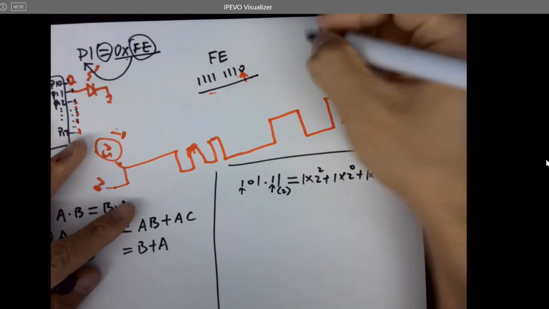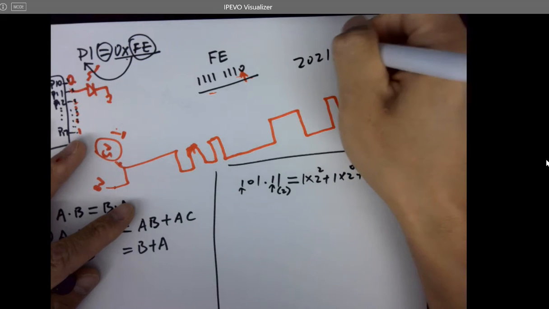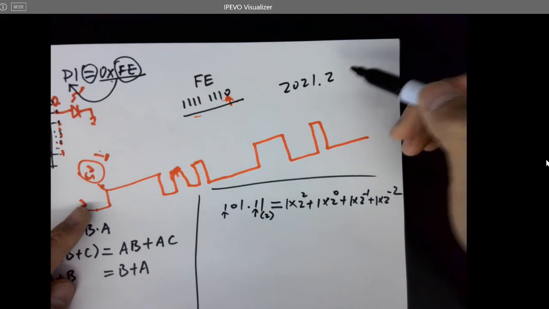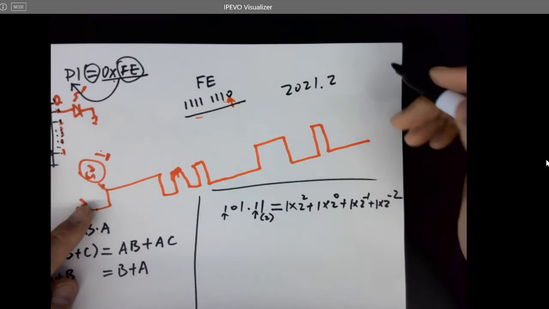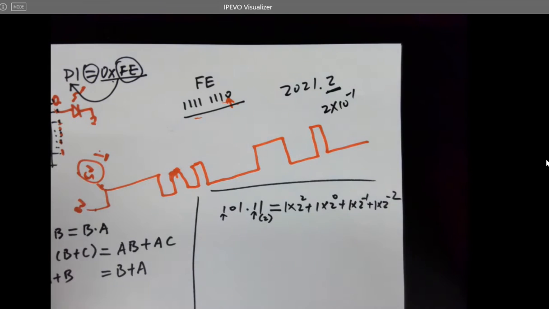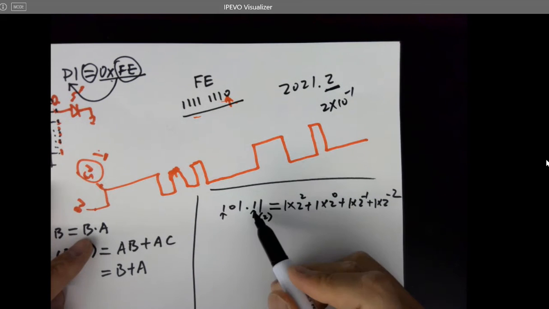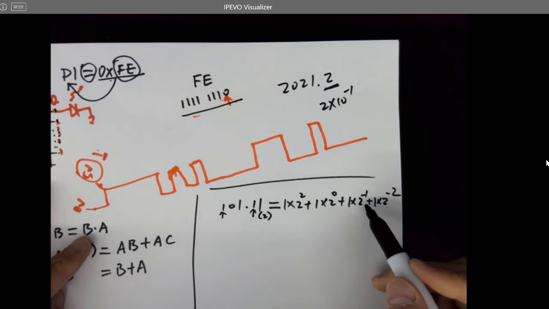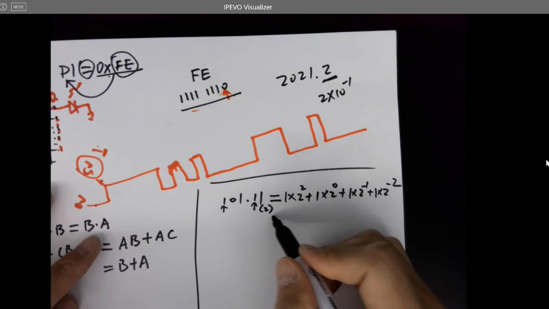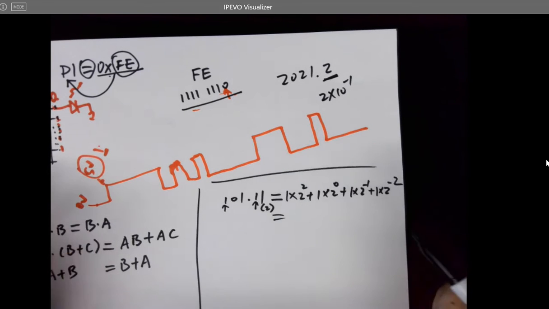Why? Because if you have a number like 2021.2, this last digit is actually 2 times 10 to the negative 1, right? Same concept. So this number will be 1 times 2 to the negative 1, and so on and so forth. Let's just add them together to get this number.